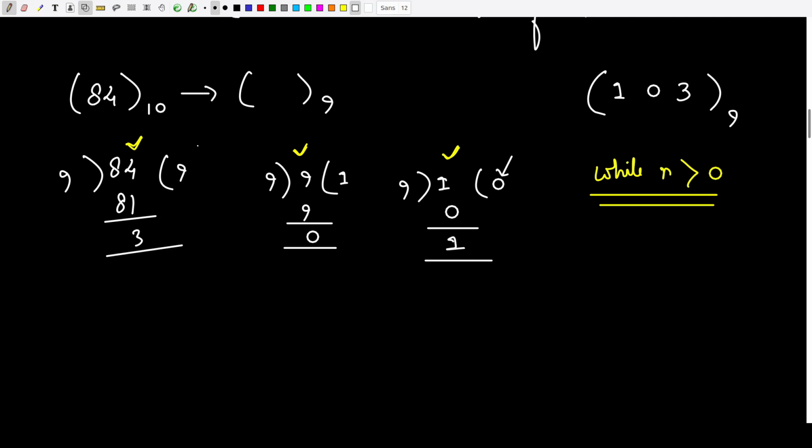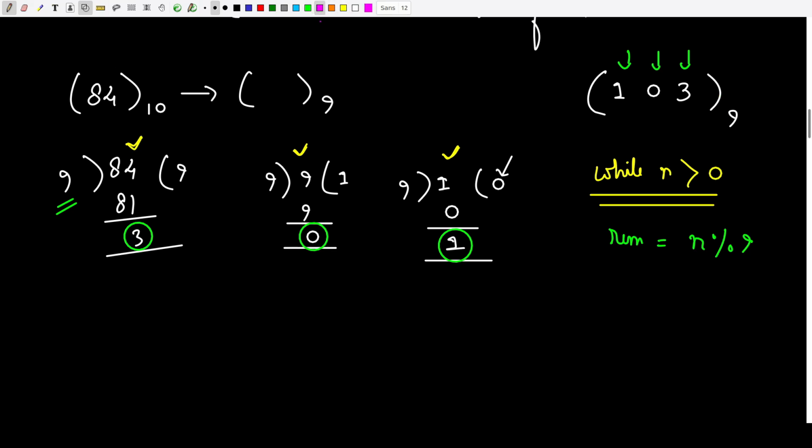Now the next thing which we understand from here is these numbers, as you can see, are remainders. So this is the remainder which we are going to store over here. And how do we find the remainder? Well, the remainder can be obtained by n modulo 9. If you see, we are dividing the numbers by 9, and whatever is the remainder is what we are keeping over here.